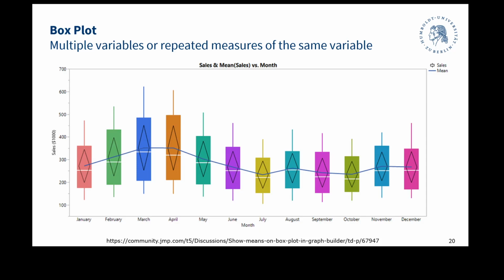Till now we were elaborating on a single box plot, which refers to a single variable. There is nothing that prohibits presenting multiple box plots in one chart, and then the multiple boxes can either refer to different variables. We might need to scale the value ranges in order for that to make sense, or as shown here, the multiple boxes could equally refer to repeated measures of the same variable.